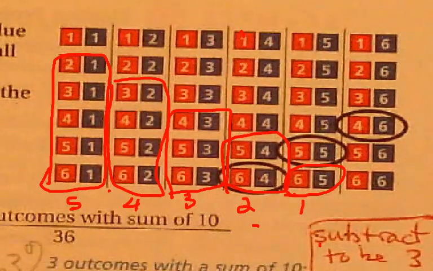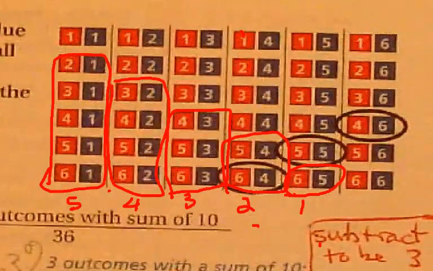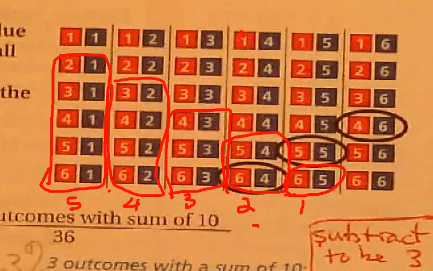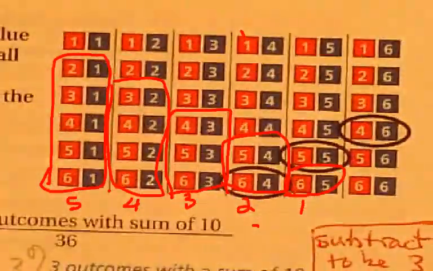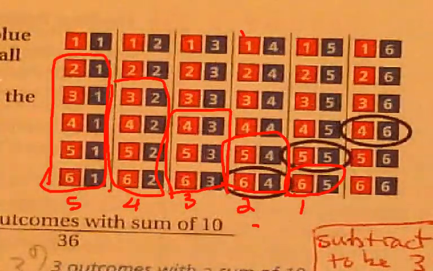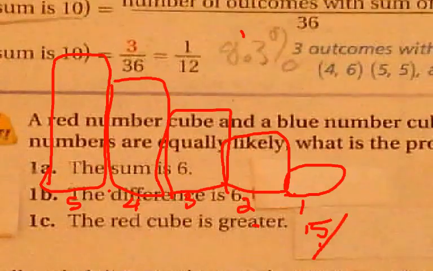So 5 plus 4 is 9, 10, 11, 12, 13, 14, 15 times when the red one is bigger than the blue one. And that was the question: when is the red cube greater? And we just added those up. That was 15 chances out of 36.